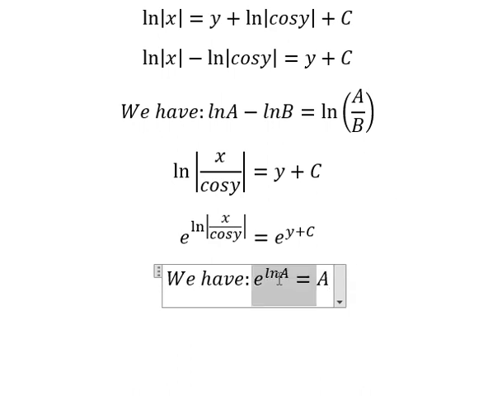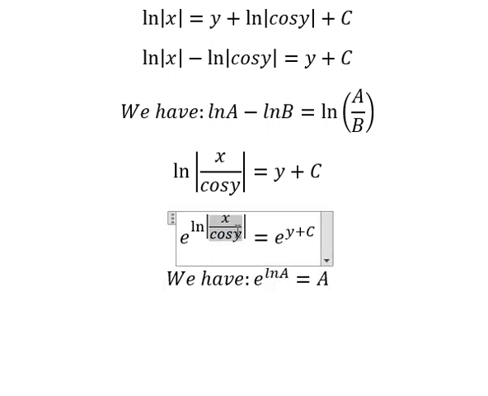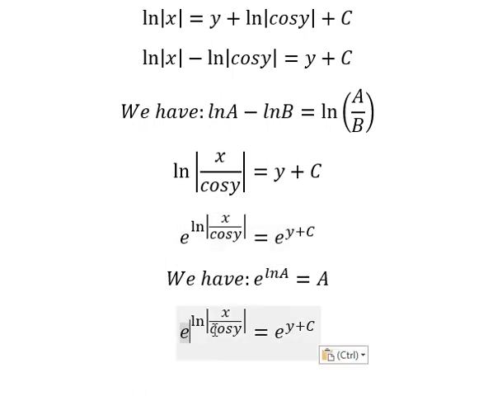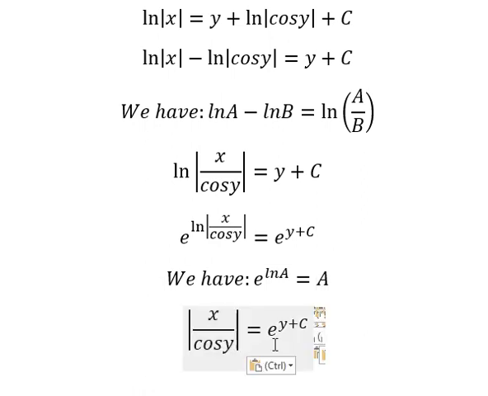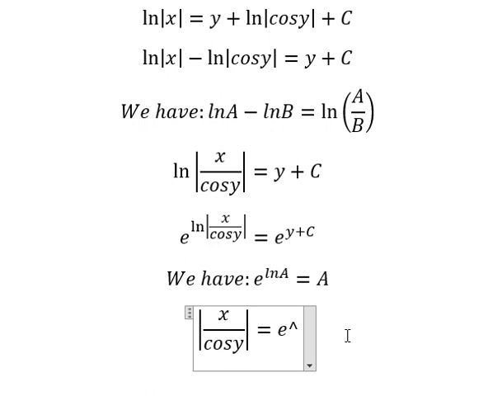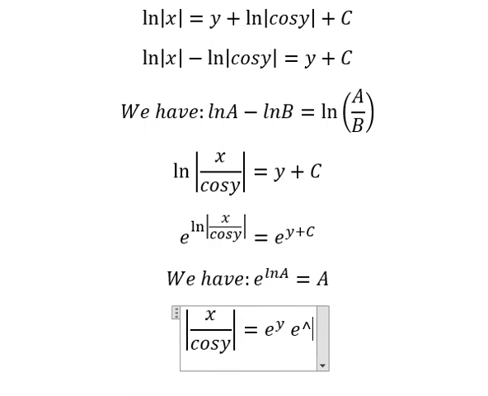So capital A is this one. Now we need to transform this one into this one. This one we can put e to the power of y and e to the power of c.